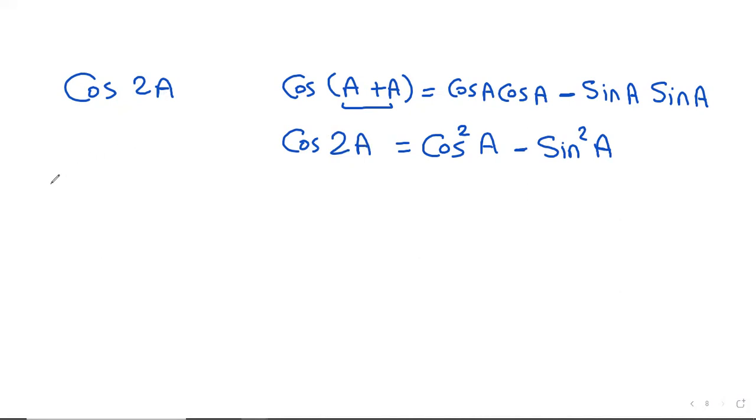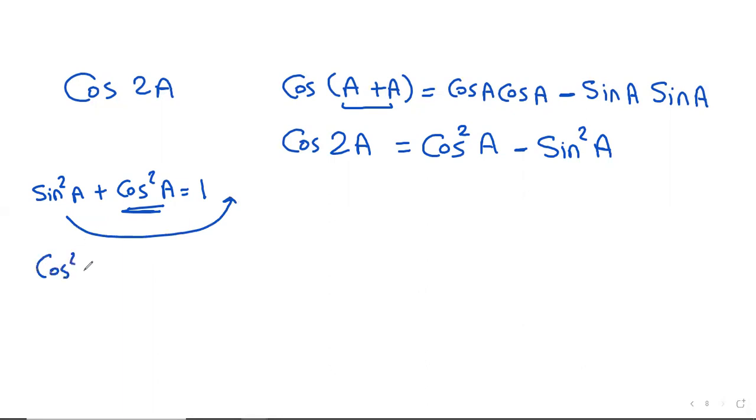And we know that sine squared A plus cosine squared A equals 1. And from that, we can substitute cosine squared A. Cosine squared A, just move the sine term to the other side.